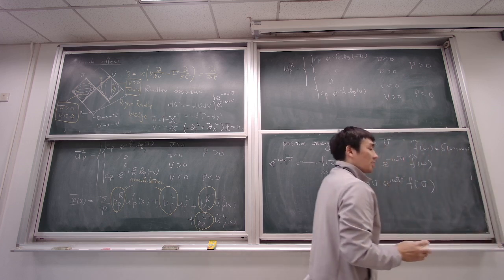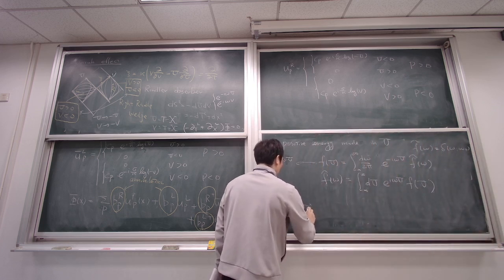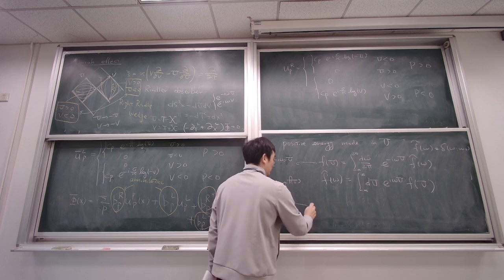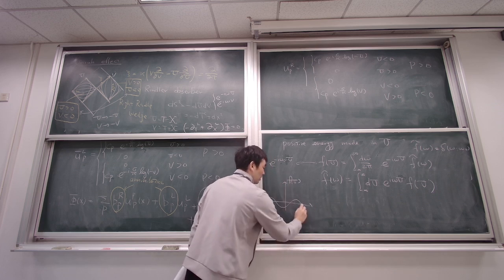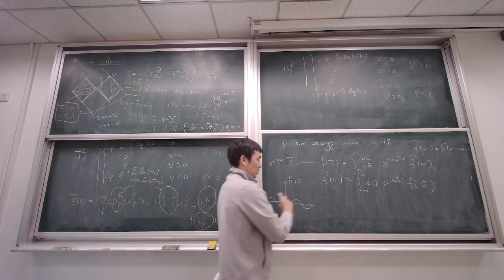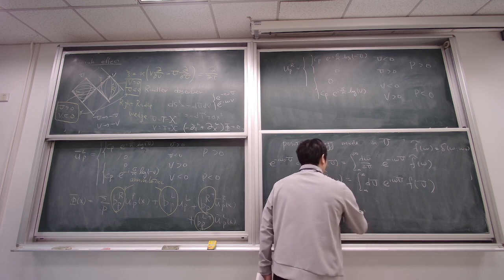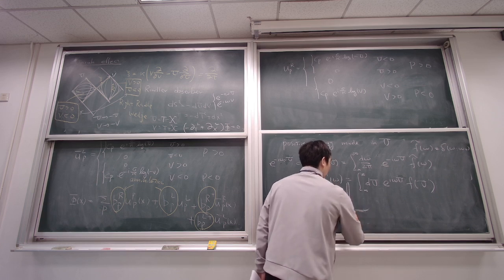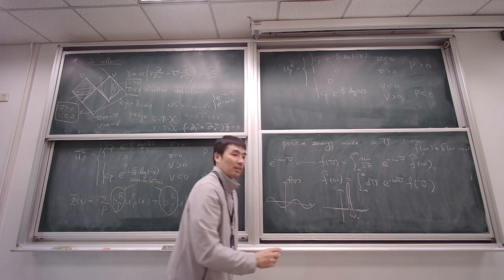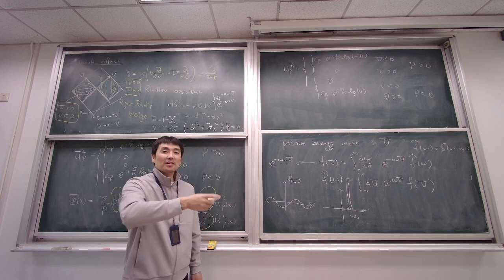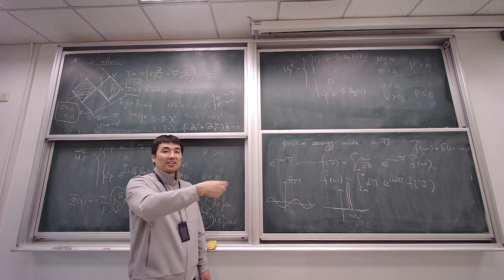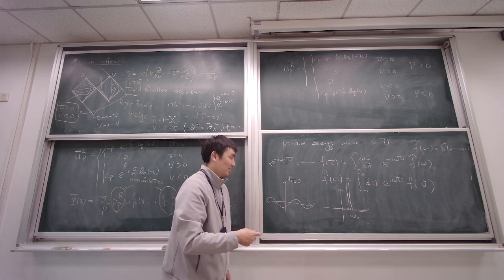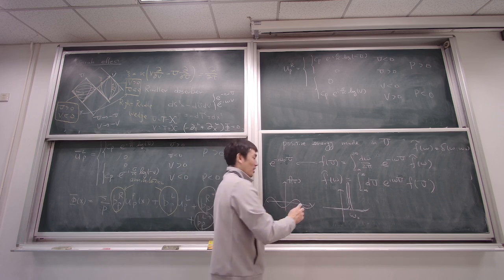So f of u is just a normal wave function, but if you do the Fourier transformation, it's just a delta function at omega 0. That's the basic Fourier transformation you learn, right?